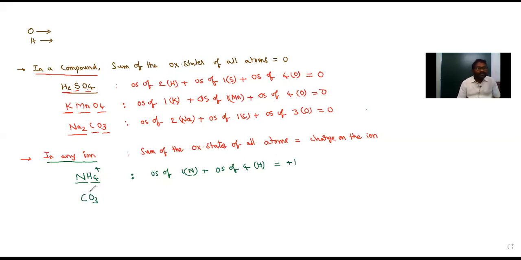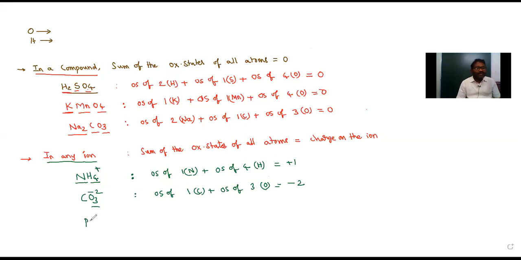For example, you take CO3 minus 2, carbonate ion, negative ion. How much the charge? Minus 2. Oxidation state of 1 carbon atom. Oxidation state of how many oxygens? 3 oxygens is equal to minus 2.